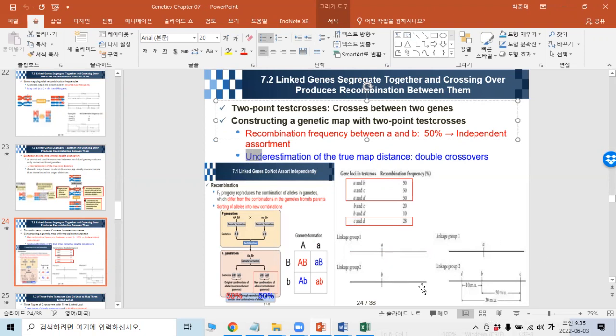C and D show a recombination frequency of 28, but the actual will be: D and B will be 10, and B and C will be 20, so the actual will be 30. The 28 comes from underestimation of the true map distance.